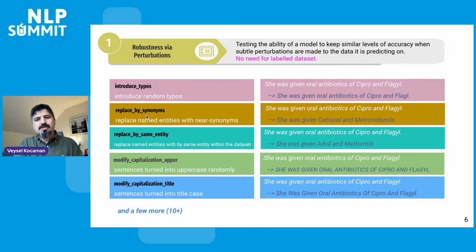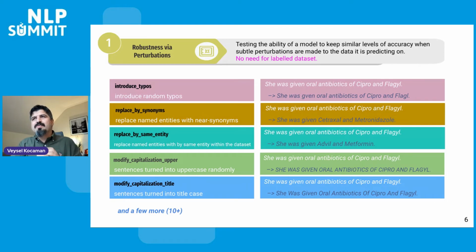Or replaced by synonyms: this is basically finding the entities and then trying to replace those entities with their closest synonyms, and then seeing if the model is looking at certain things in a sentence rather than the generalizable aspects of a model, right?